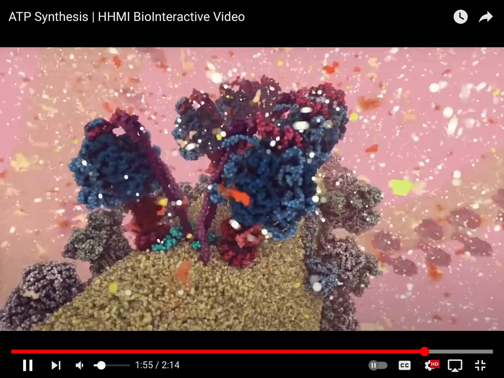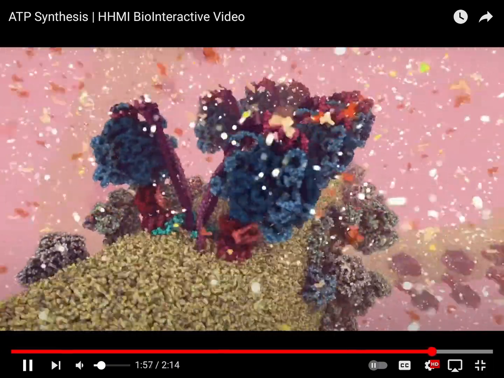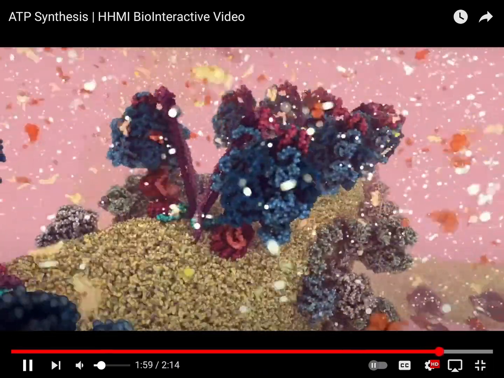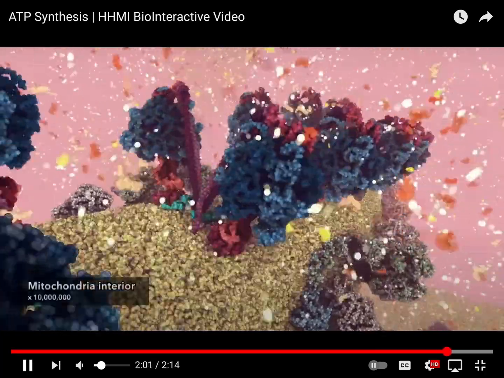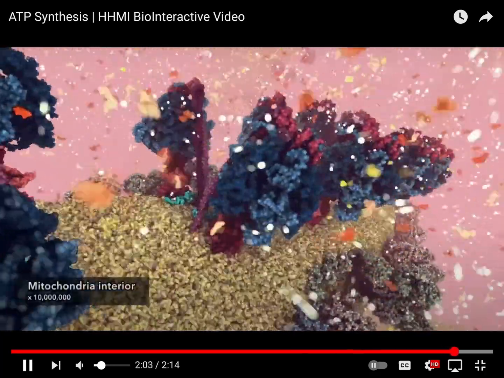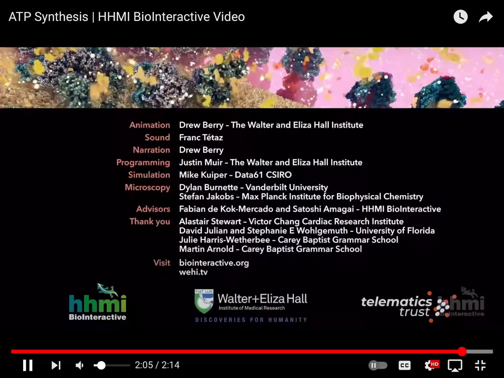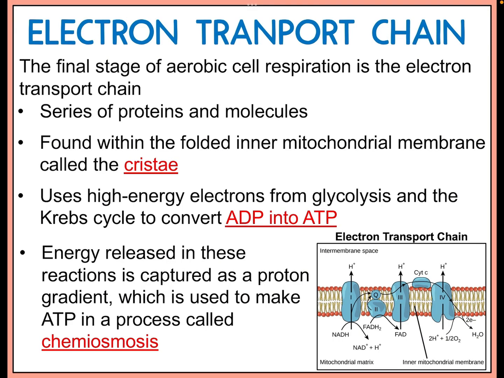ATP drives biochemical activity inside your living cells and is a key building block of DNA and RNA. The electron transport chain. This is the final stage of the aerobic cellular respiration, and it is a series of proteins and molecules.